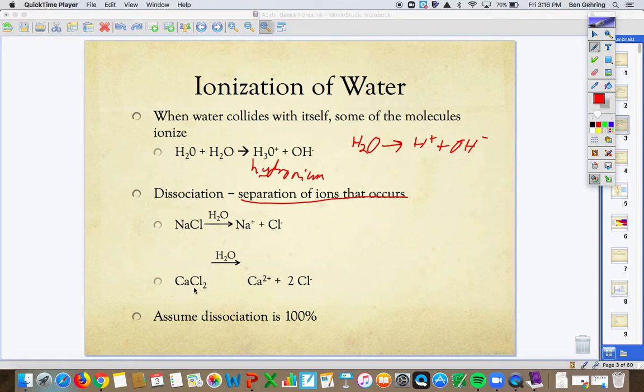Likewise, if we use calcium chloride, calcium's positive 2, chlorine's negative 1, so I have 2 of these. So this is going to dissociate into Ca2+, and I get 2 Cl- ions. In this case, we're going to always assume 100% dissociation. We'll talk about times where it's not 100%, but for right now, these will all be 100% dissociation.